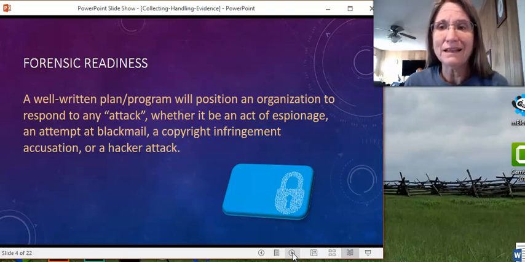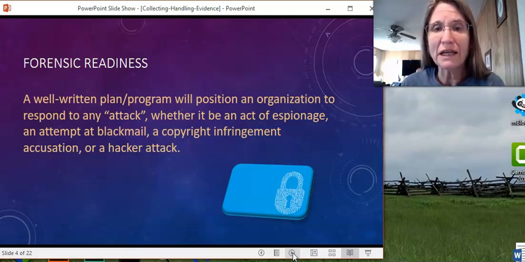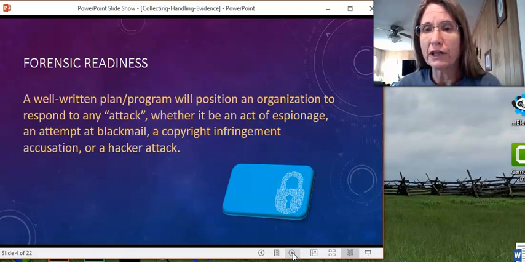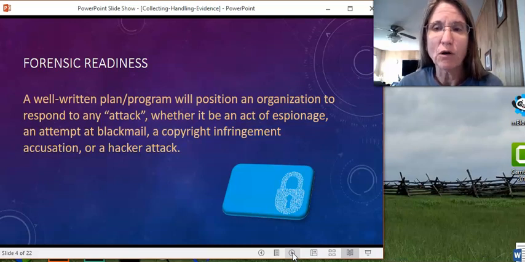So, in summary, a well-written plan or program is going to position an organization to respond quickly and effectively to any type of incident, whether that incident be an act of espionage or the incident is merely filing for a patent or proving the ownership of some kind of intellectual property.